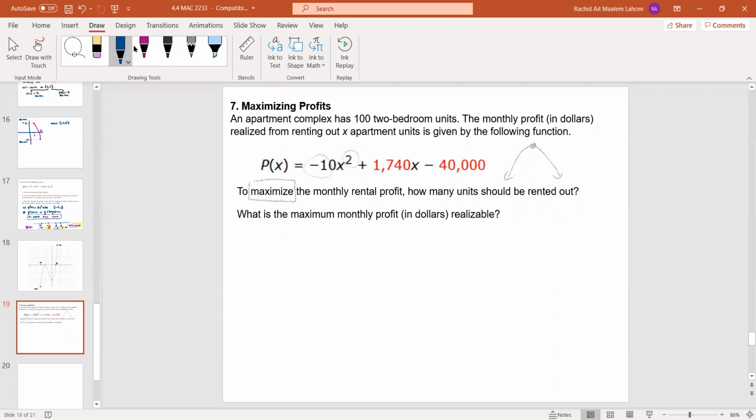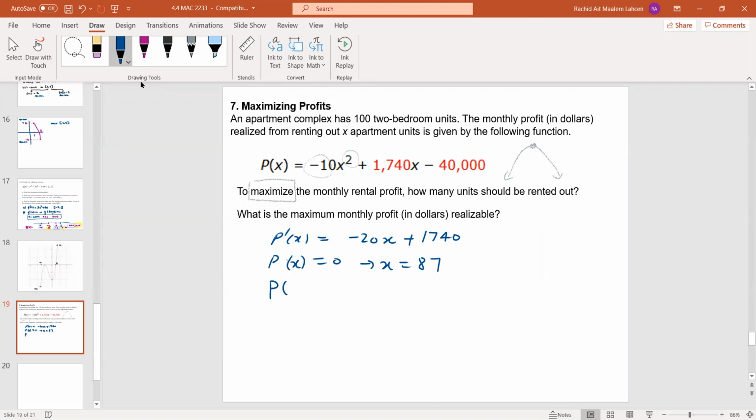So we go into the same idea. P prime of x is negative 20x plus 1740. P prime of x set to 0. x is 87.